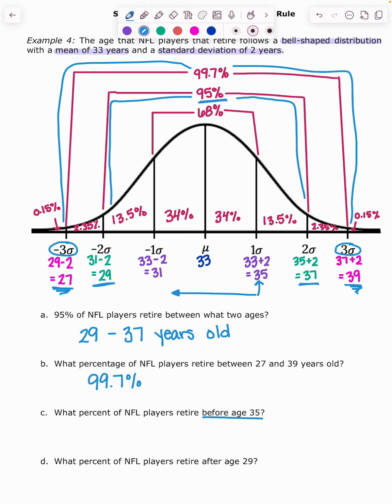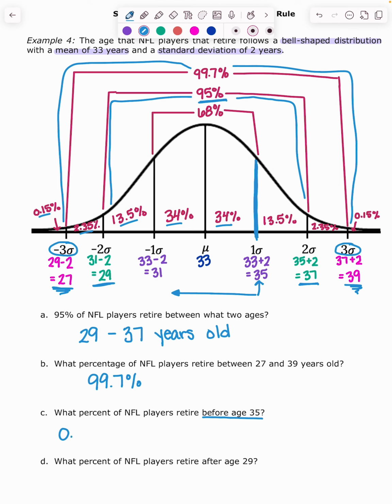So I'm going to draw a line right here, and I'm going to add up the percentages going up to that line. So that's this one, this one, this one, this one, and this one. And then when I hit the line for 35 years old, that's where I stop.